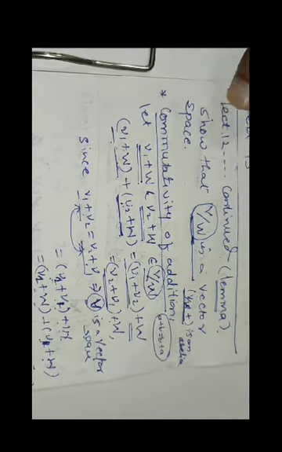Therefore, this sum we can write in this way. And again, v1 plus v2 plus W can be written as v2 plus v1 plus W, which is v2 plus W plus v1 plus W. So therefore, v1 plus W plus v2 plus W is equal to v2 plus W plus v1 plus W. Hence, it satisfies the commutative law.